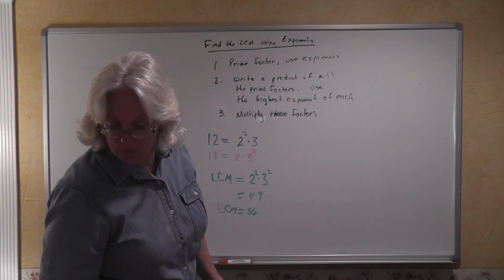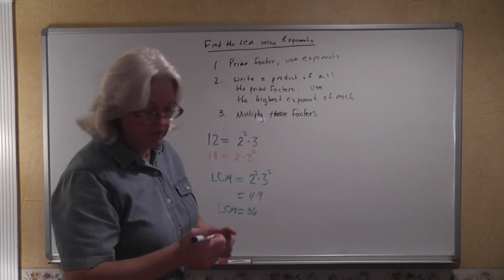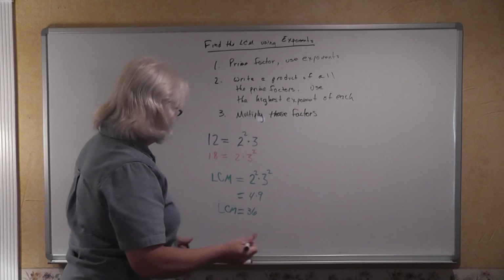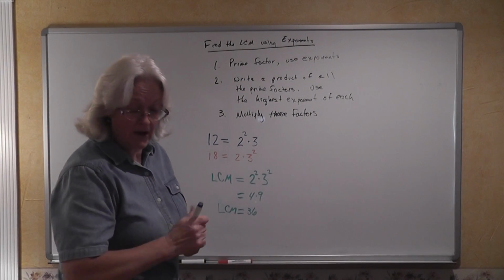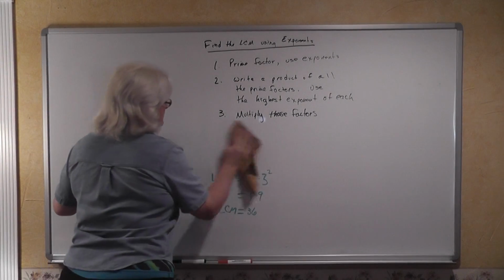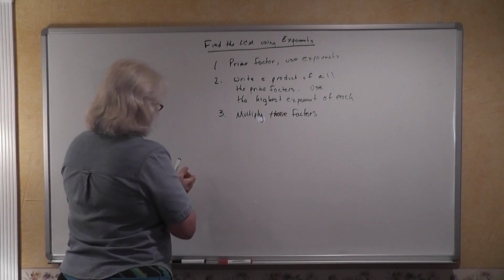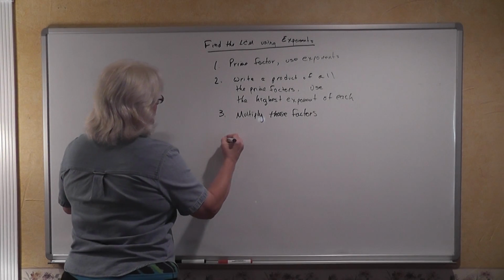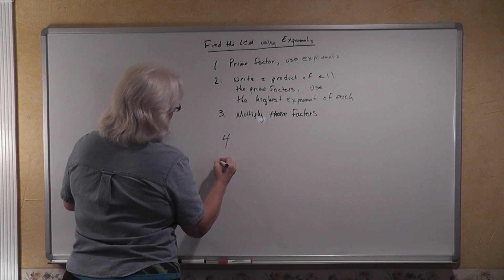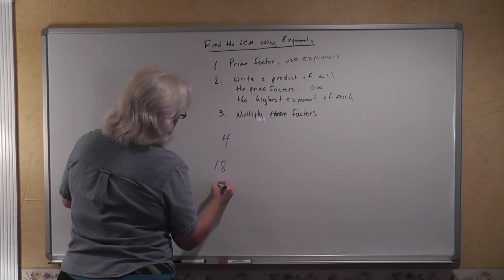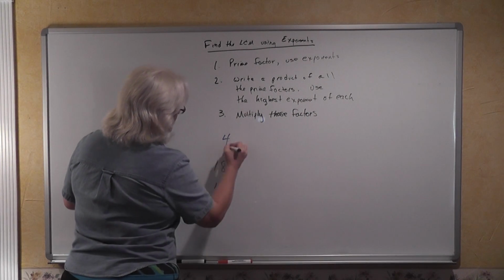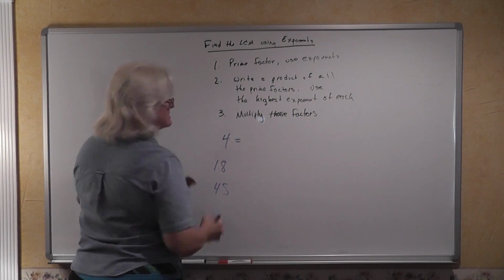Example 3 says we want to find the least common multiple of 4, 18, and 45. So we have 4, 18, and 45.